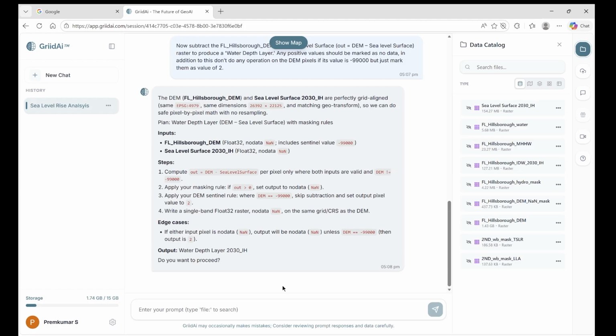Yeah, so if you go through the plan, it has clearly understood the prompt that I had given, and it has given it in steps and it's going to follow it. So that's the expected output that I wanted.